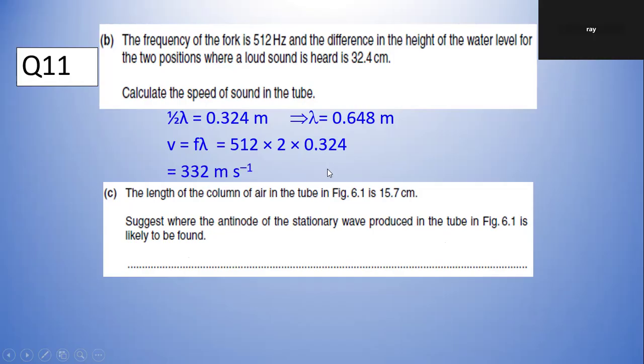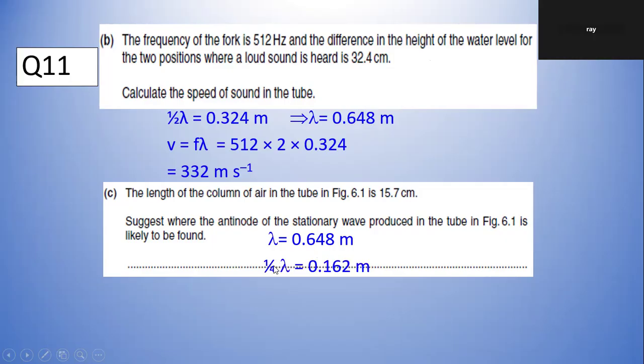It's 3 significant figures, so your answer should be 332 m/s. Okay, lambda is 0.648 meter.